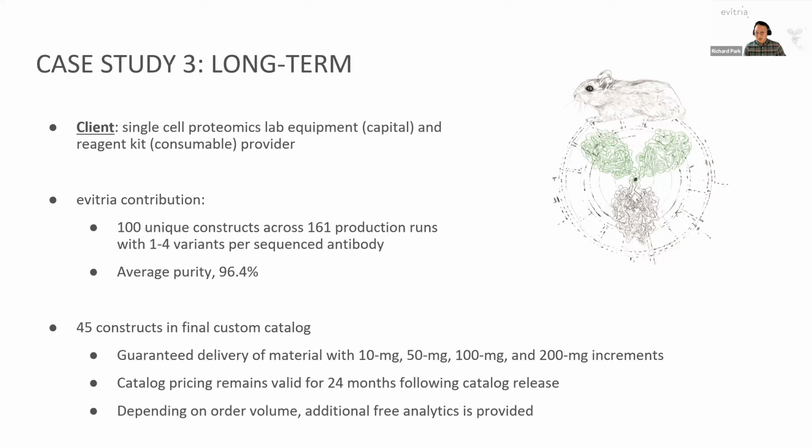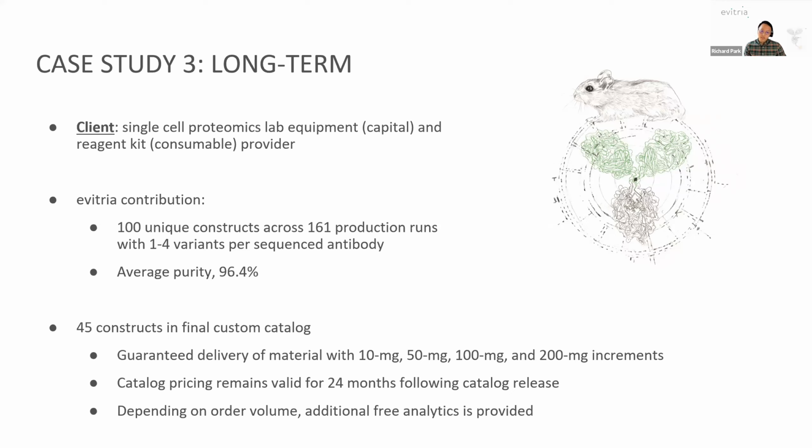Kind of an inside secret is that not all of these materials that say that they are pure when sourced commercially are actually pure. And so we found ourselves on the production side needing to produce between 1 to 4 variants per sequenced antibody. And that's why 161 production runs led to the generation of just 100 unique constructs.